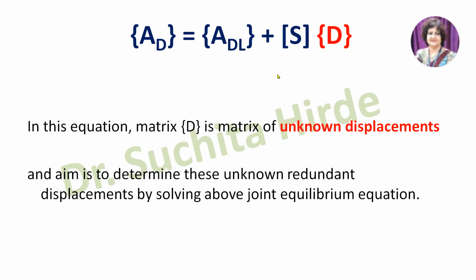As you know, the stiffness matrix method is a matrix form of the slope deflection method. In the slope deflection method, we write the joint equilibrium equations, and these are written in matrix form in the stiffness matrix method.